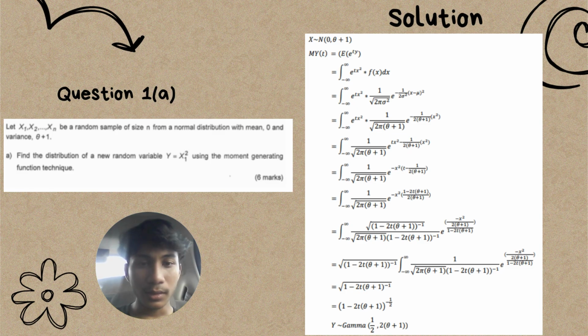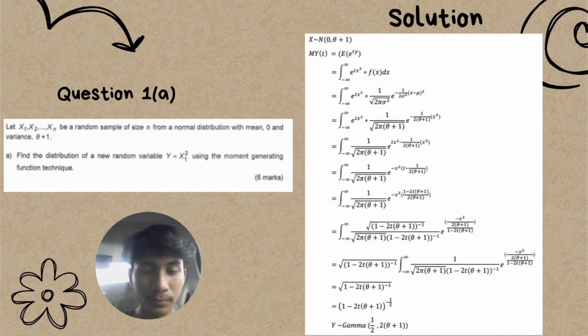Then we multiply the exponents, and after we simplify it, we get the integration of 1 over square root 2 pi times theta plus 1 times the exponent of negative x squared times (1 over 2 times theta plus 1, minus t).